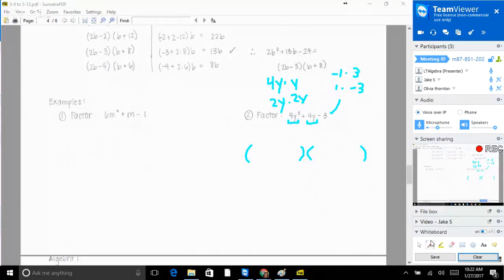So what I mean by that is now we have all of these 4 possibilities, and this is where, again, it's not an exact math science. You have to use your intuition to make an educated guess. So we want our inside, outside to be 4y, right? We have 4y times y.